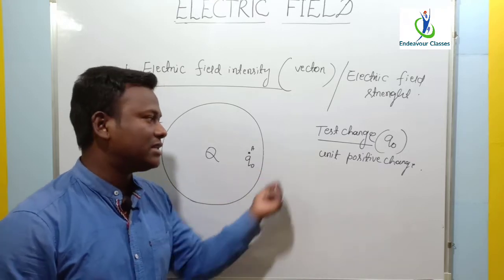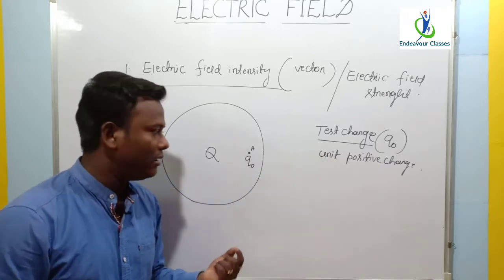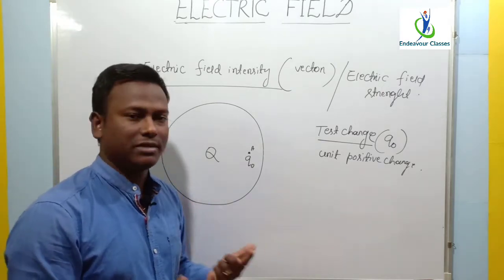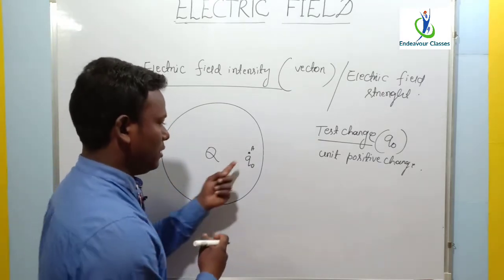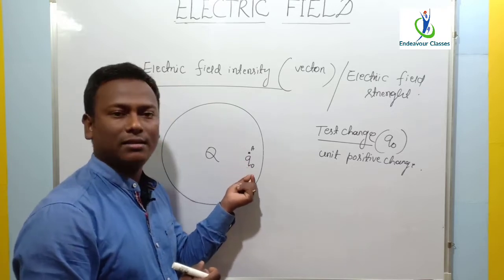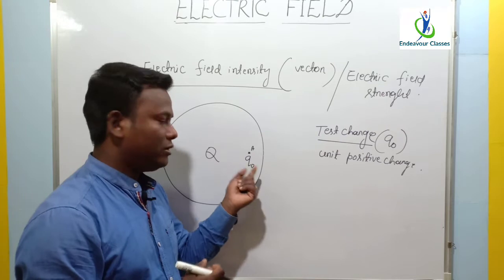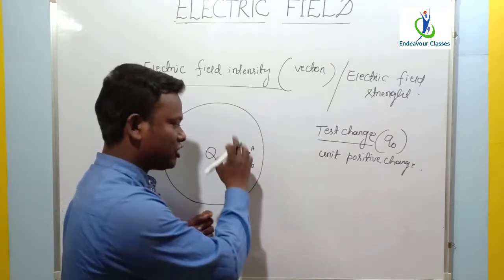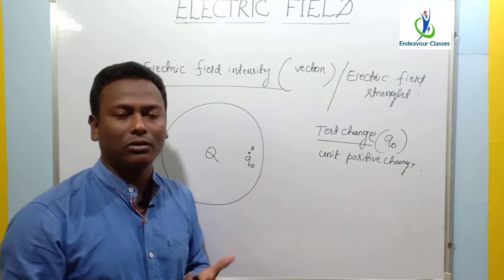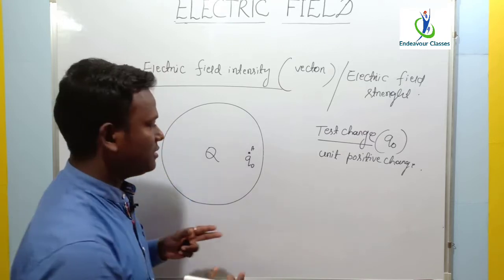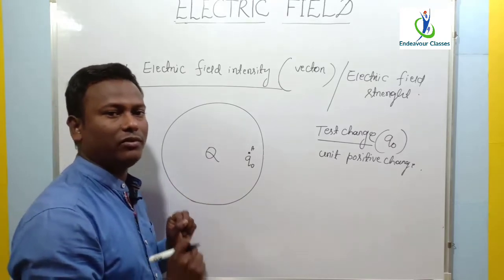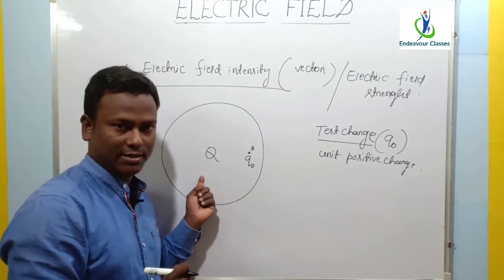The sole aim of taking a unit positive charge is that if we take a very small charge, then the field produced by this test charge will be pretty small and it will not interfere in the calculation. That means here we will only calculate the strength of the field of the source charge.